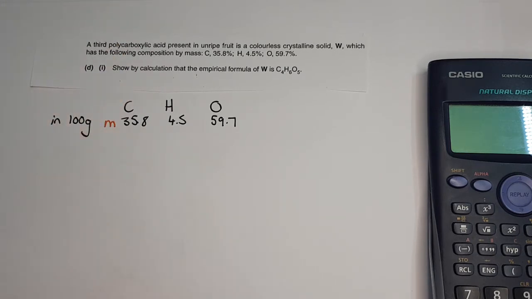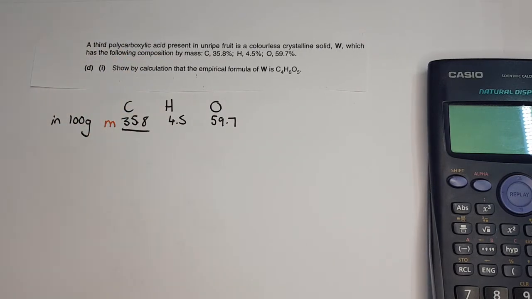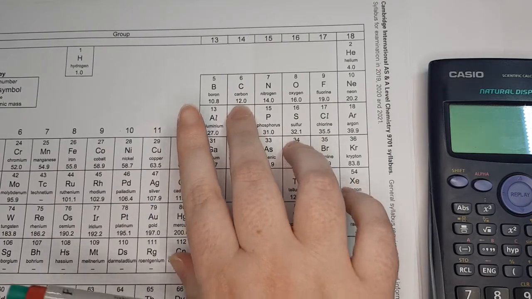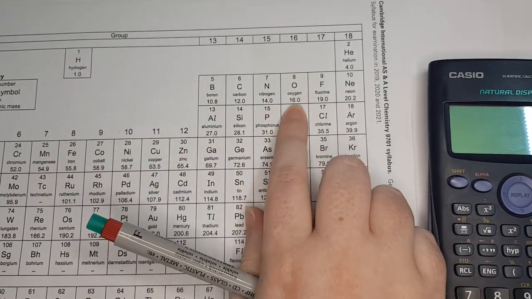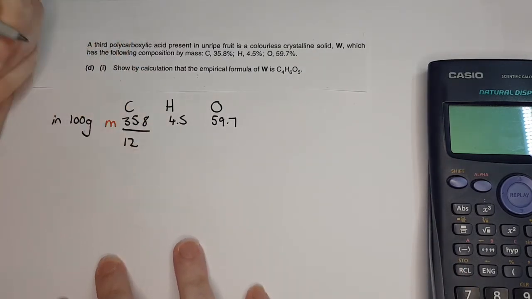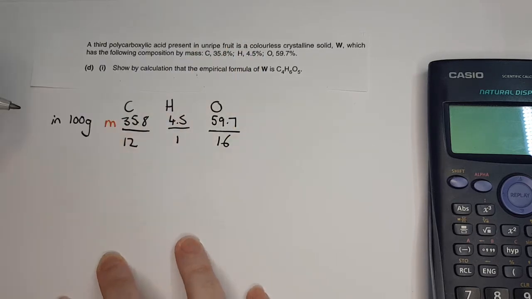And I'm going to divide that by what I find on my periodic table. So again, I've got carbon, which is 12, hydrogen, which is 1, and now I have oxygen, which is 16. So I divide that by 12, by 1, and by 16.